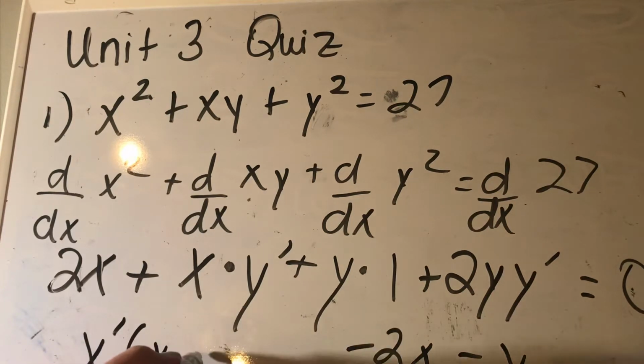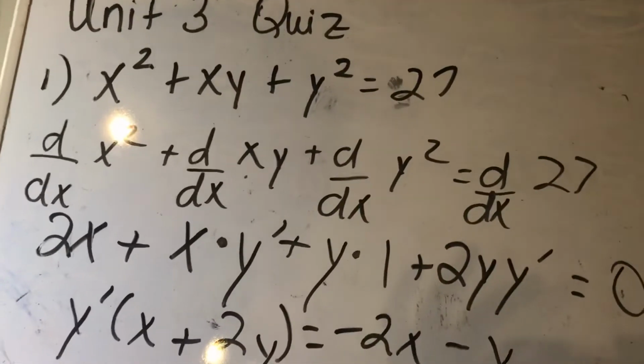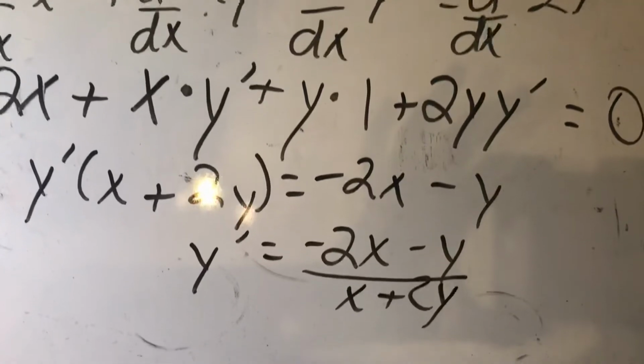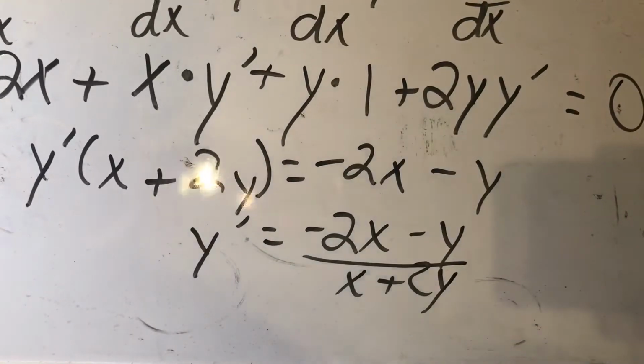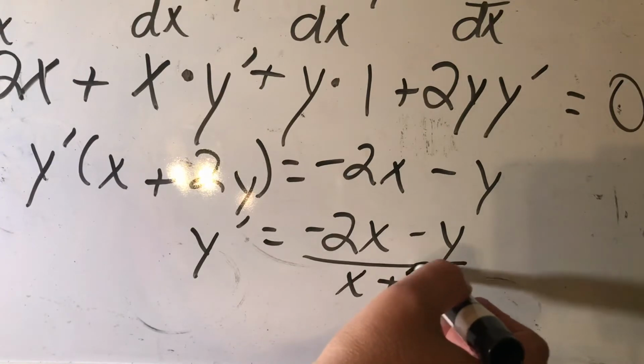And then you can also factor out a y prime and solve for y prime, and you're going to get a fraction. All right, that's number 1. That's a 2 right there.